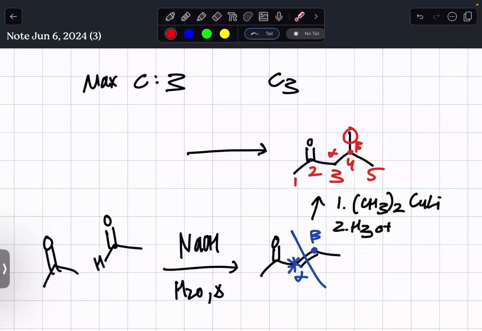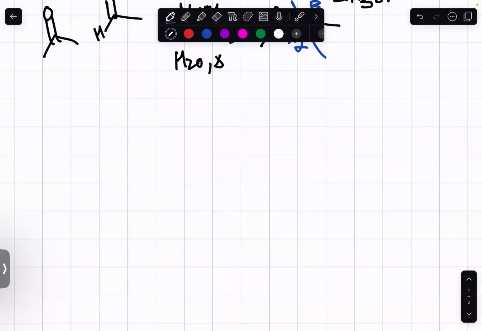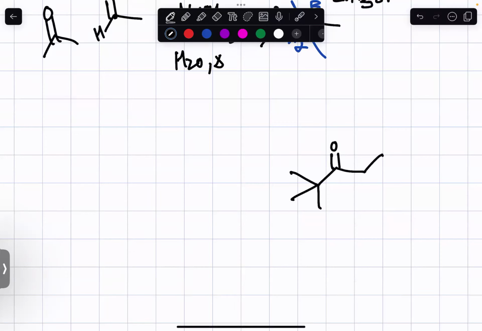Let me give you another example here where, let's say, you are trying to create this, and this is gonna be a big one.